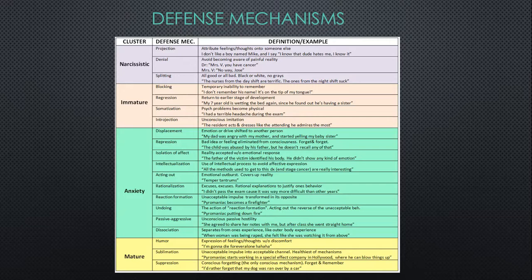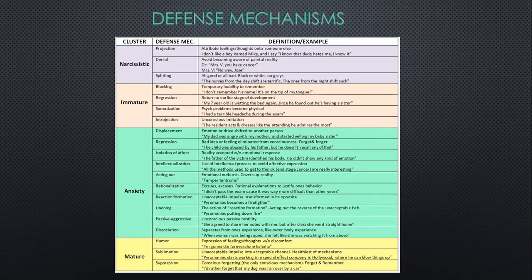Then we have our anxiety-based defense mechanisms, and these are things like displacement. So emotions are shifted from one person to another. We can have repression, where someone consciously tries to forget something. We can have the isolation of affect, where somebody just doesn't have an emotional response to whatever the reality is.